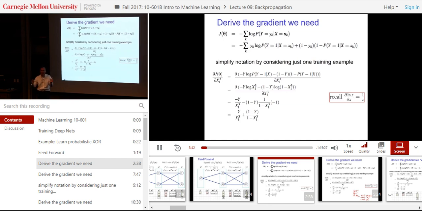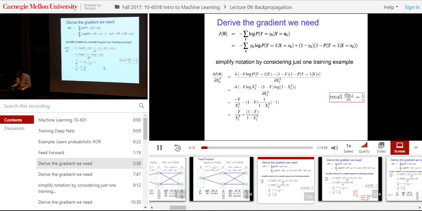And as we'll see, this is going to make a very efficient way of calculating all those partial derivatives that we need, all 9, because we're going to be able to reuse calculations that we've made along the way.